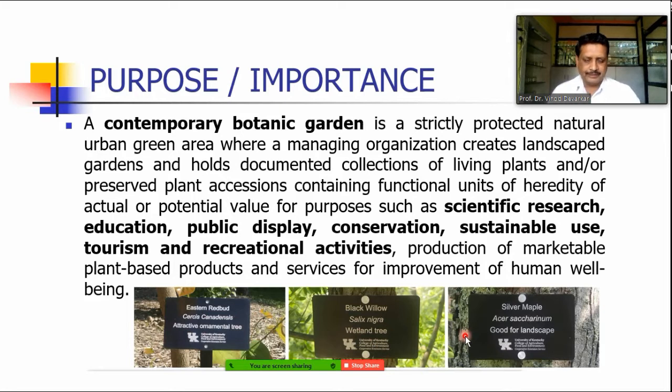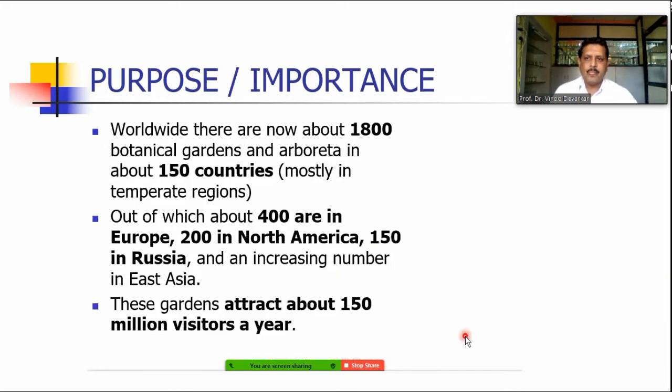As we know, worldwide there are about 1800 botanical gardens, in about 150 countries, mostly developed in temperate regions. Temperate means where the temperature is a little bit colder.